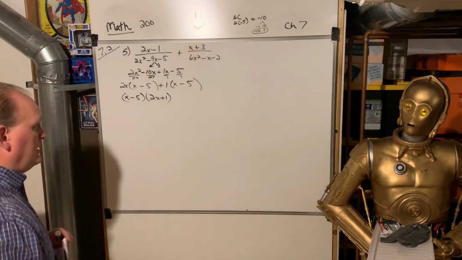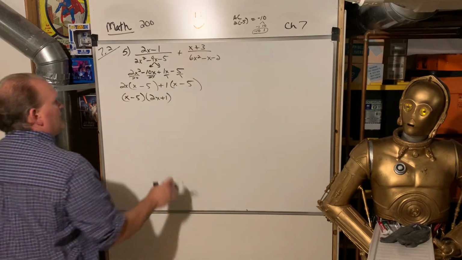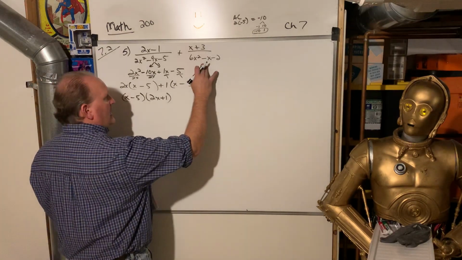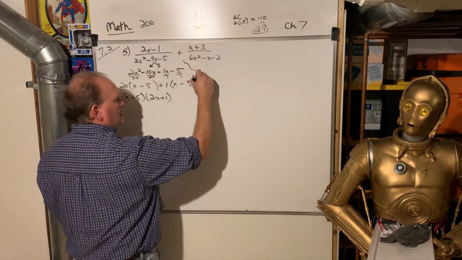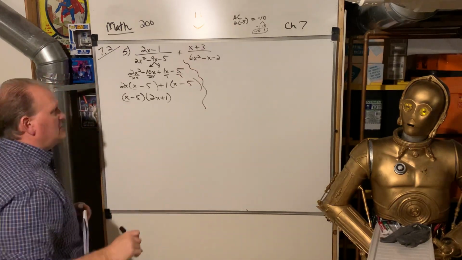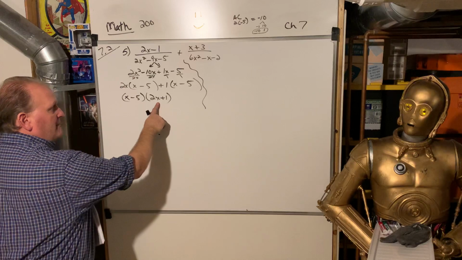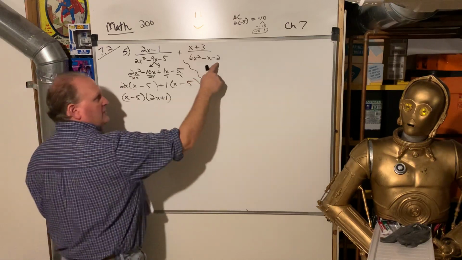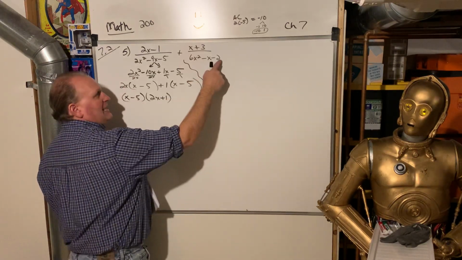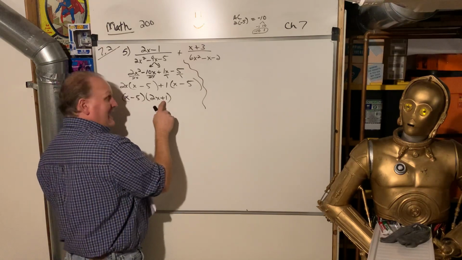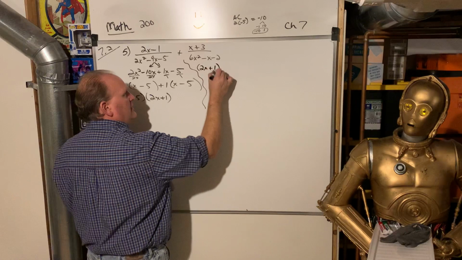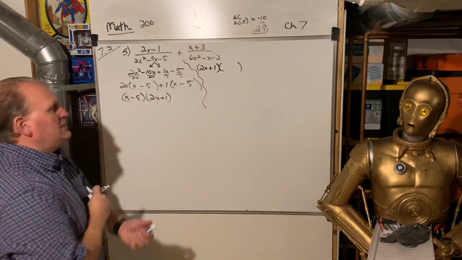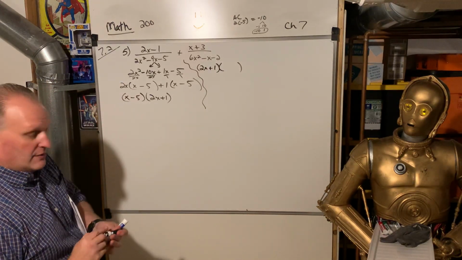Now, knowing that we have this, this one can't be used for that, but we're going to guess and check this 6x squared minus x minus 2, using the thing that might work, 2x plus 1. We could get that. We can't get -2 with a 5. We can get it with a 1. So we're going to try 2x plus 1, and we're going to kind of reverse engineer the other binomial.